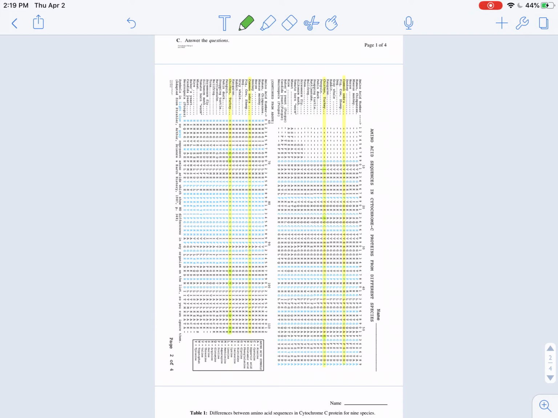Now what I've done for you as an example is I've highlighted the row for the common zebra and the chicken/turkey. Okay, so chickens and turkeys have the same cytochrome C version, but it is different than the zebra version. Now what we can see here is that the number of amino acids goes all the way from number 1 up to 112.